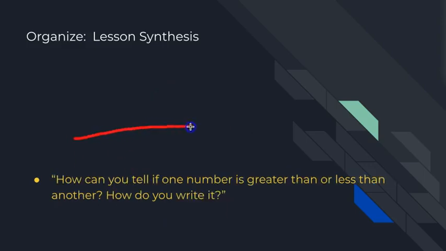And we talked about how you can tell if one number is greater than another number. On a number line, wherever you're talking about your number, let's say we pick a number right here. It doesn't matter what the number is. So this is our first number. If our second number is anywhere to the left of it, this is greater than it.